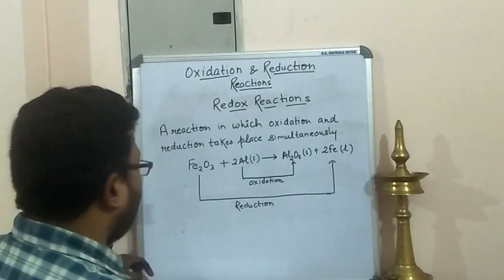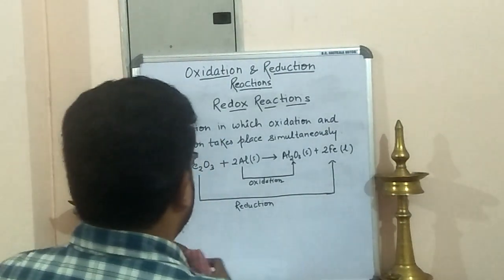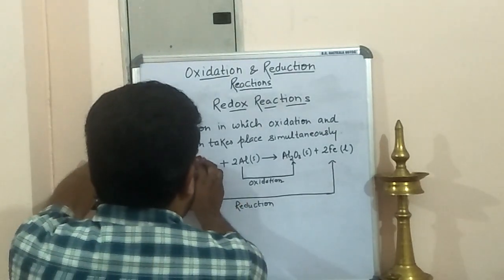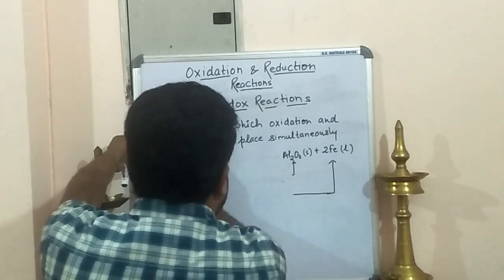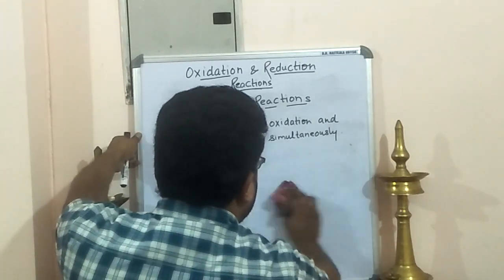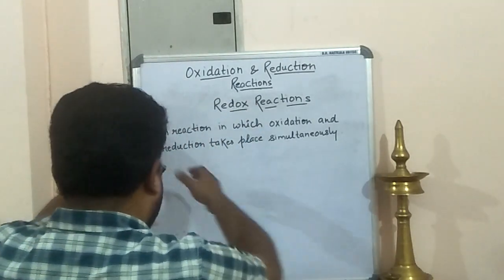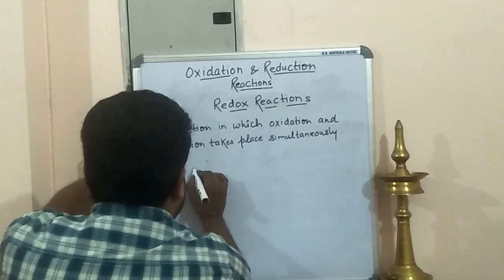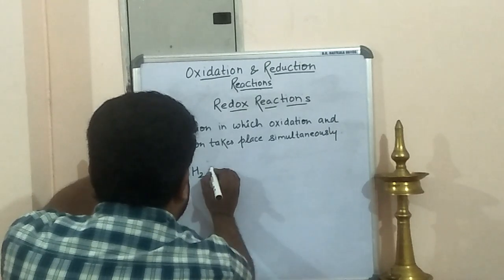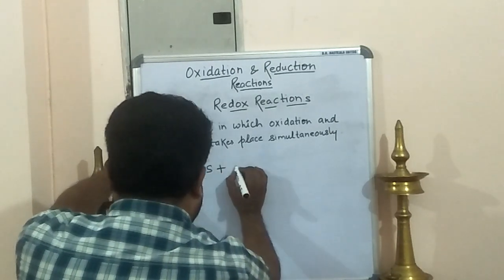Now I'm just going to give you one more example of a redox reaction. This is the reaction between hydrogen sulfide and sulfur dioxide.